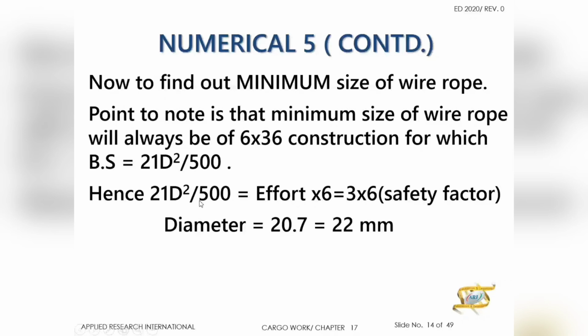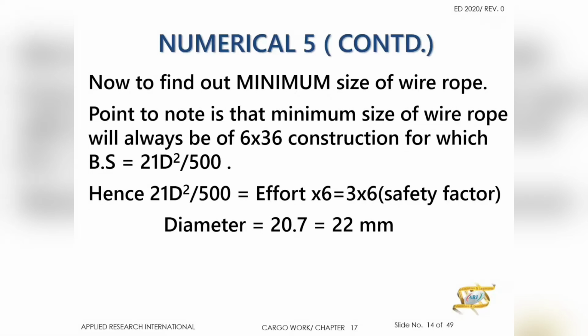Effort is 3, which I already calculated, and I get the diameter D equal to 20.7 millimeter, or then in the answer you can write 22 millimeter. That is the next higher even number. For the purpose of diameters, usually the ropes are of even number diameter. So if I find the answer is something like 20.7, then the next higher number is 22 millimeter.